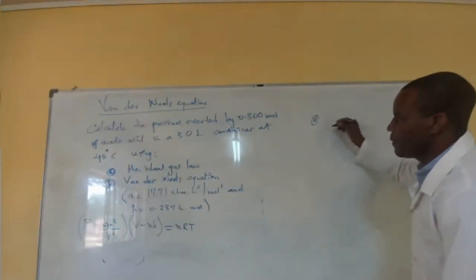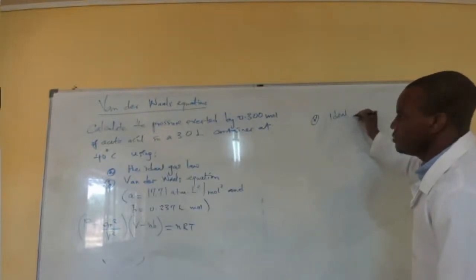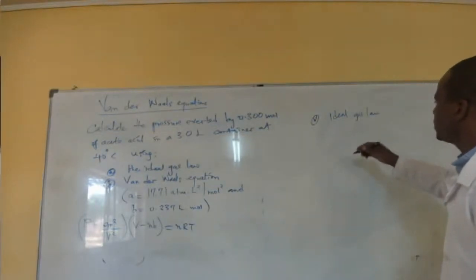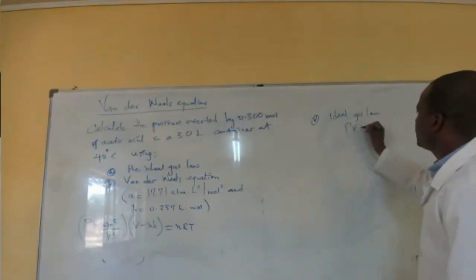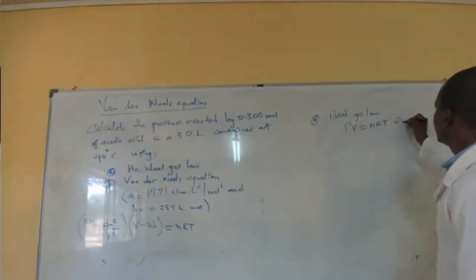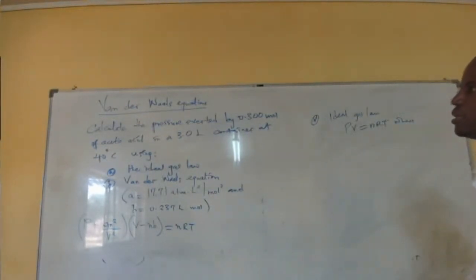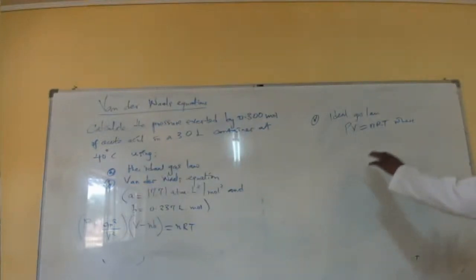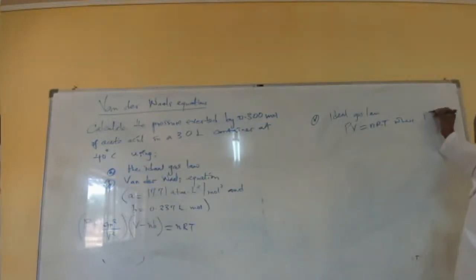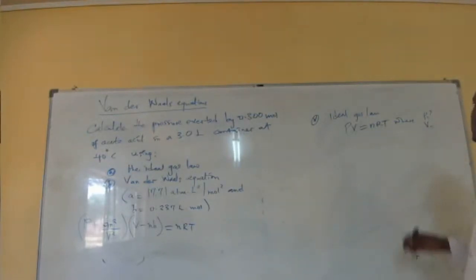So A, using the ideal gas law, we are using the ideal gas equation. So we know that PV is equal to nRT. Here, we are calculating the pressure. So we are saying where pressure we do not know. The volume given is 3.0 liters.